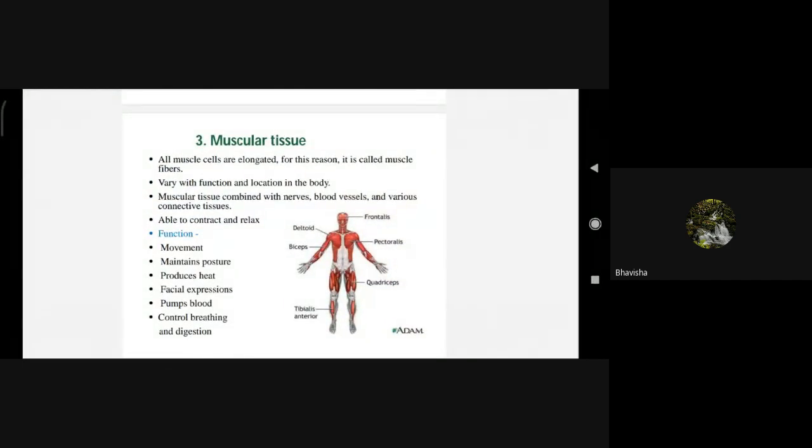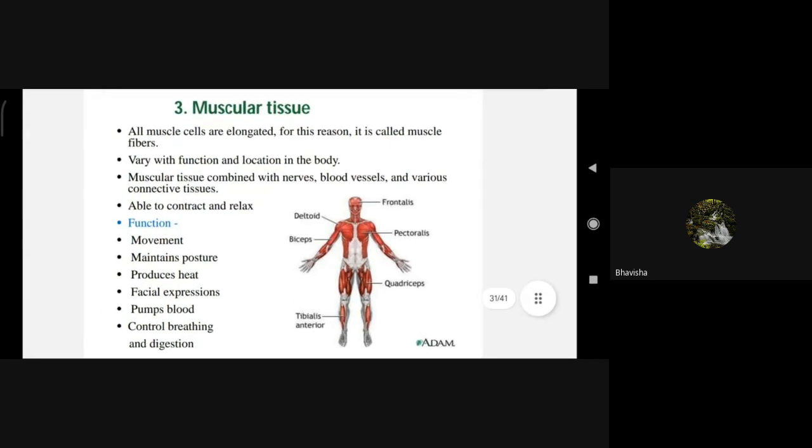So they vary with function and location in the body. Muscular tissue is combined with nerves, blood vessels, and various connective tissue. If we talk about muscular tissue, it contains all these blood vessels, nerves, and various connective tissue like tendons. It is able to contract and relax.